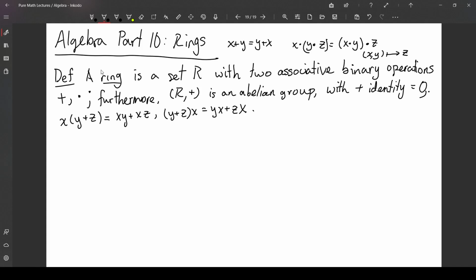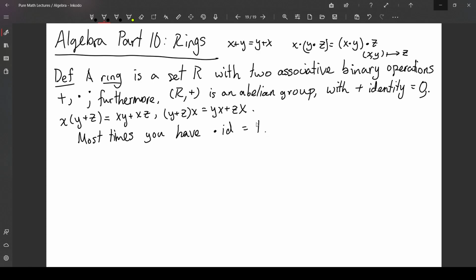So this is the general, commonly accepted definition of a ring. Or I say commonly, but this is like the bare structure. Now, most times you have an identity for the multiplication, which we denote by 1, right?